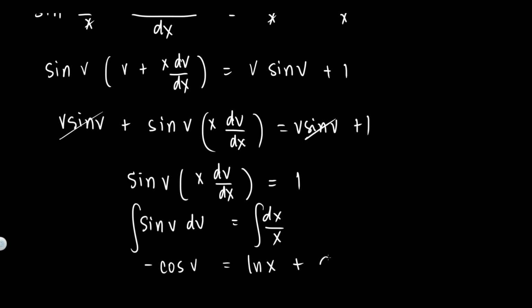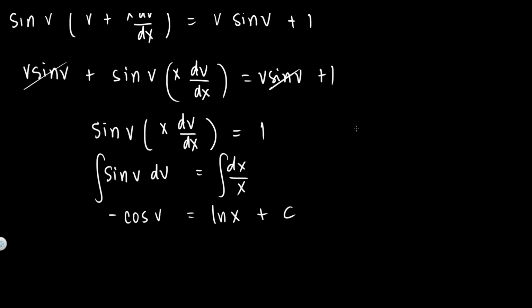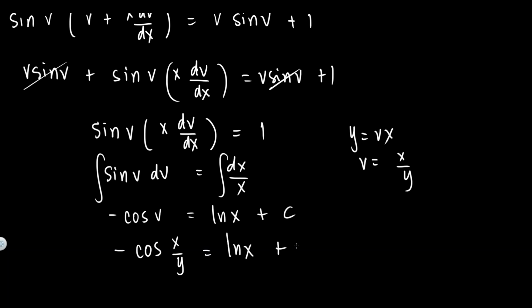And don't forget to write the c. Okay? So the substitution we used earlier is y equals vx. y equals vx, therefore v is equal to y over x. Okay? So therefore, negative cosine of y over x equals ln of x plus c. Okay? So that is our answer. That is the general solution.